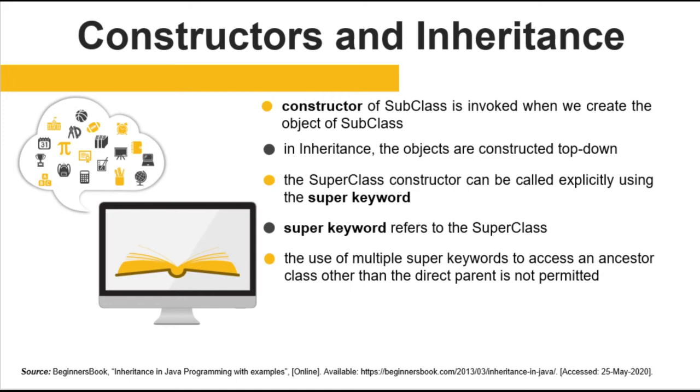The superclass constructor can be called explicitly using the super keyword, but it should be the first statement in a constructor. The super keyword refers to the superclass immediately above the calling class in the hierarchy. The use of multiple super keywords to access an ancestor class other than the direct parent is not permitted.